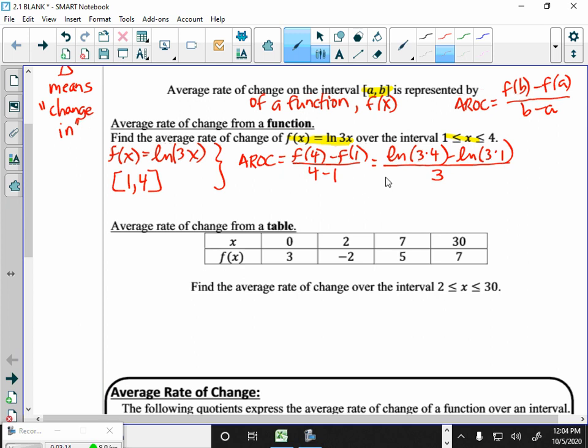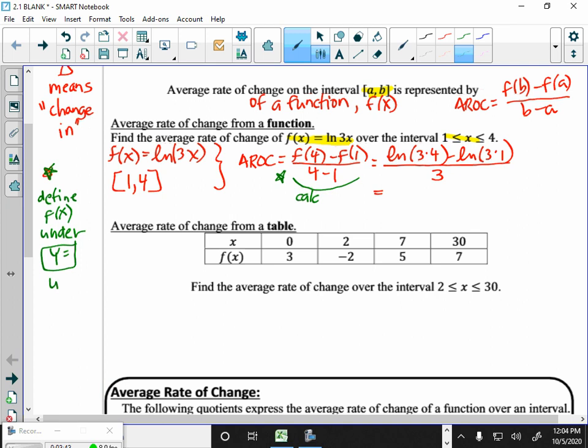But what I would like to do is I would like for us to use our calculator. So I can change pen colors here and put a little star here. I would like us to use this expression and put this in our calculator. So we will define f of x under the y equal button, okay?